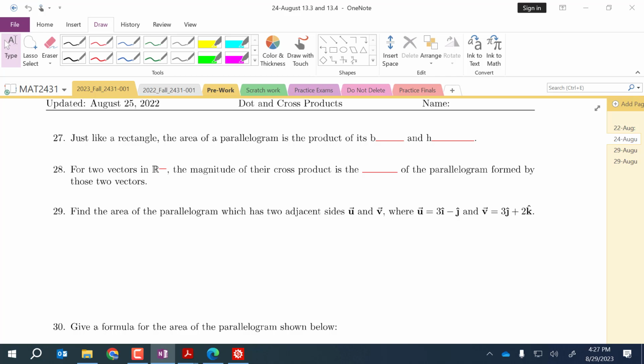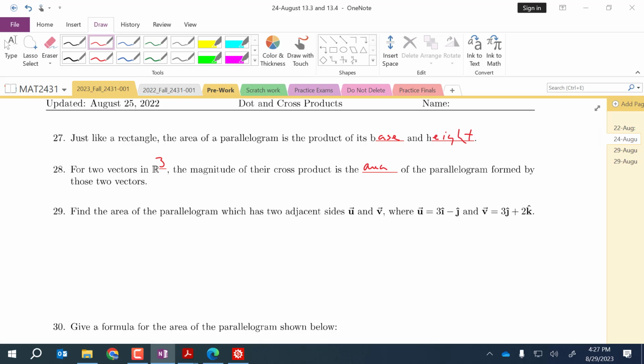All right. I have a couple more things I want to add here real quick. Just like a rectangle, the area of a parallelogram is its base times its height. For two vectors in R3 then, the magnitude of their cross product, this is what we were looking at a little bit ago, is the area of the parallelogram formed by these two vectors. Okay.